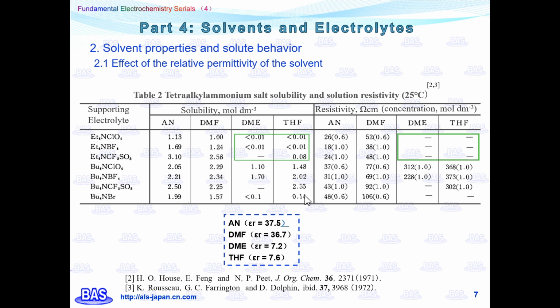However, when the alkyl group of the ammonium salt is butyl, their solubility in DME and THF solvents increases considerably, and the resistivity of the solution can be measured.